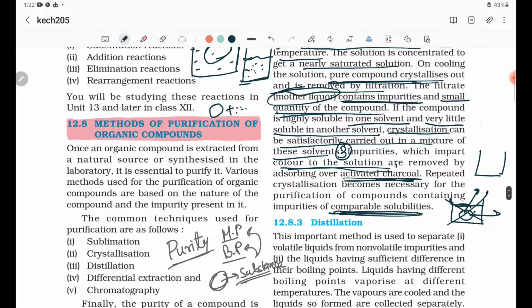That means the impurity will be soluble but the compound will not, the case we have discussed. But vice versa can also take place, where the compound gets soluble. But this is not the main method. The main method is that the impurity gets soluble.